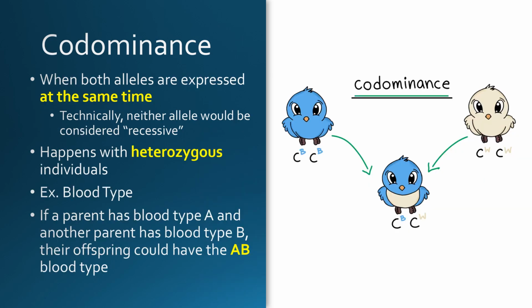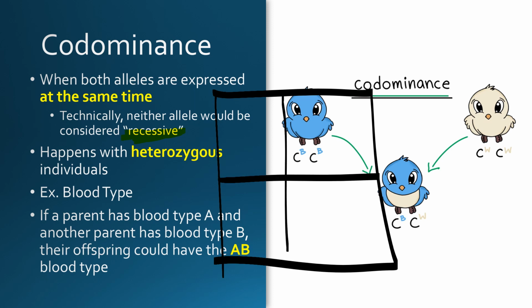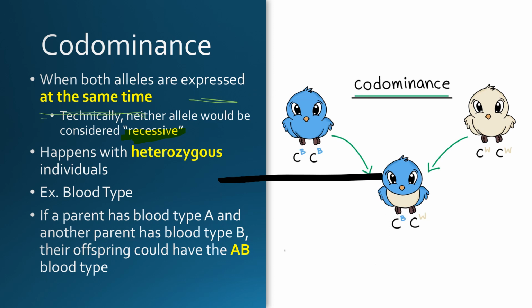Now, the second exception to Mendel's law of dominance is this thing called codominance. This is when we don't really have a recessive allele. It doesn't really exist. Rather, both alleles in the genotype are expressed, or shown, at the same time.